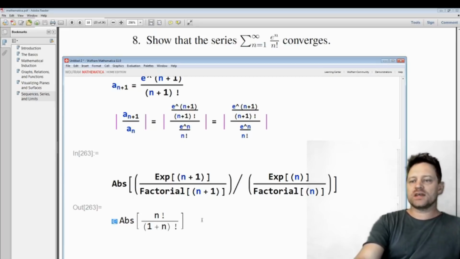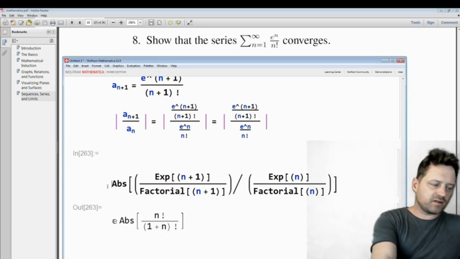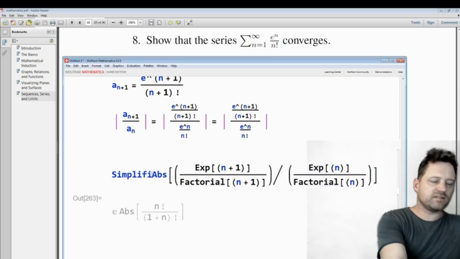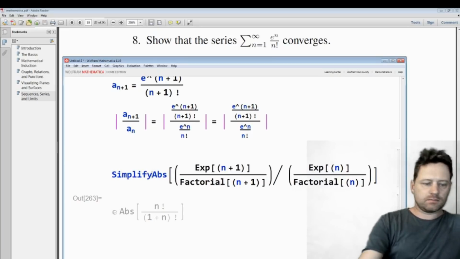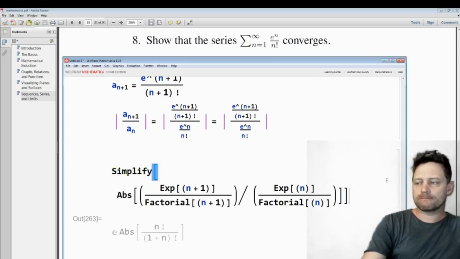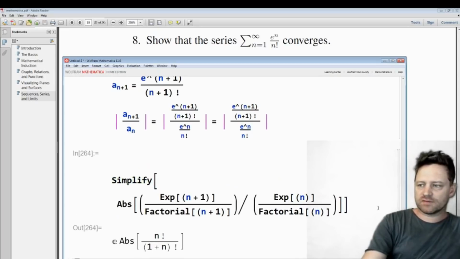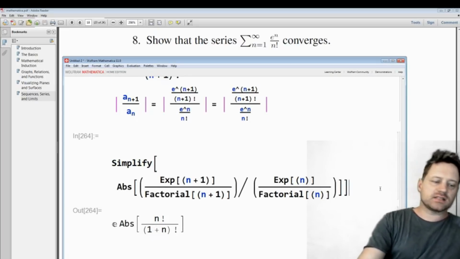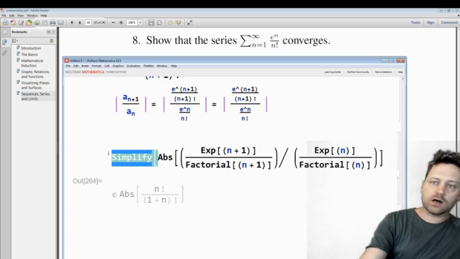But we know what that is, so I wonder if we can write simplify. Let's try this, simplify, see if we get a simplified expression. No, not in this case. So that was not helpful.